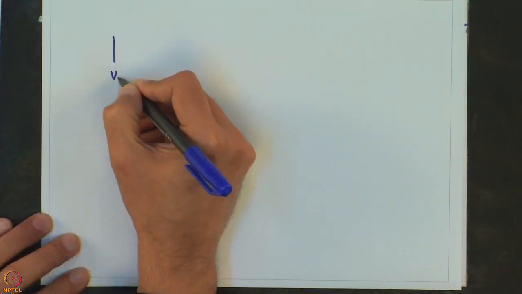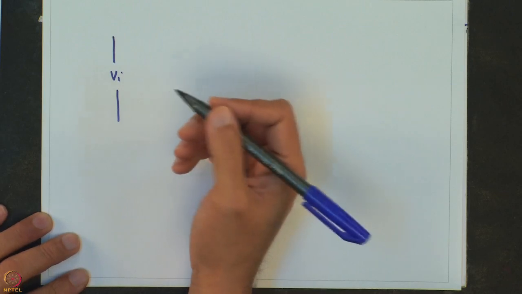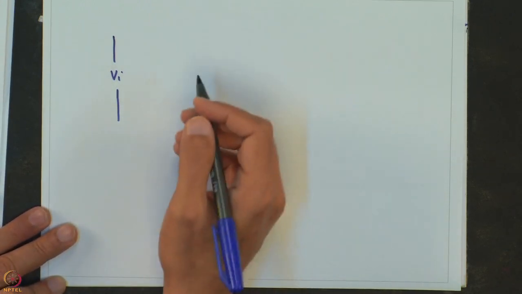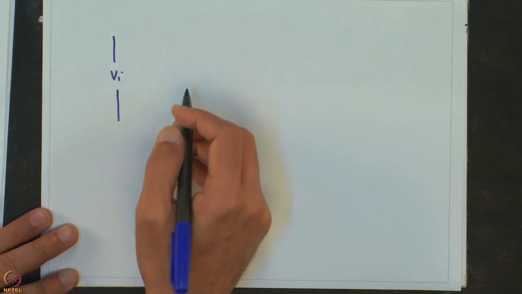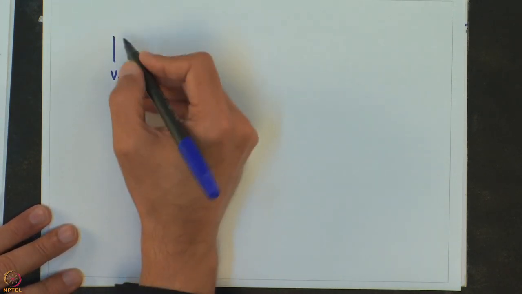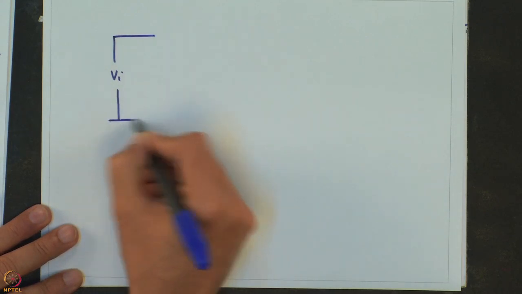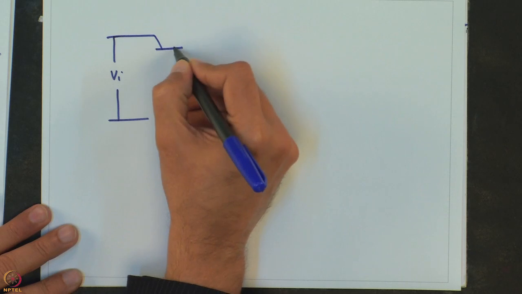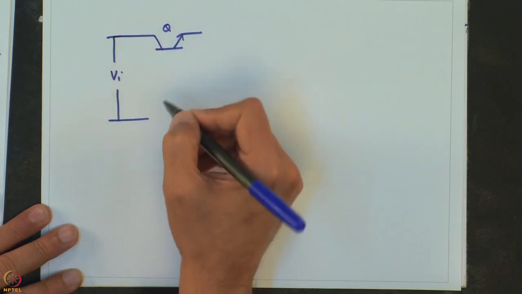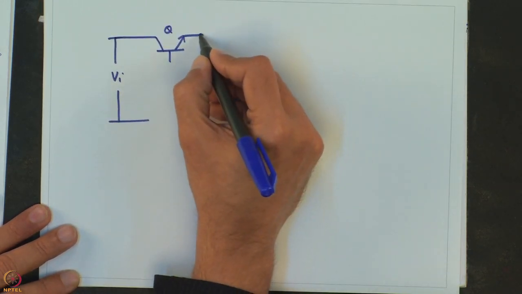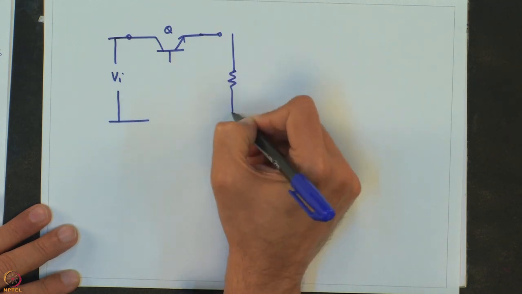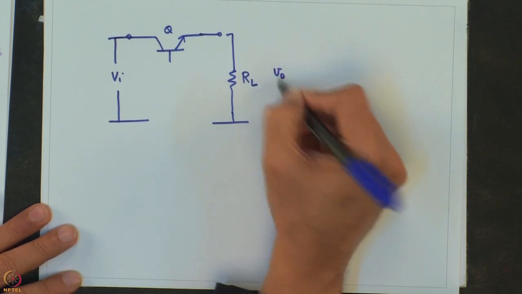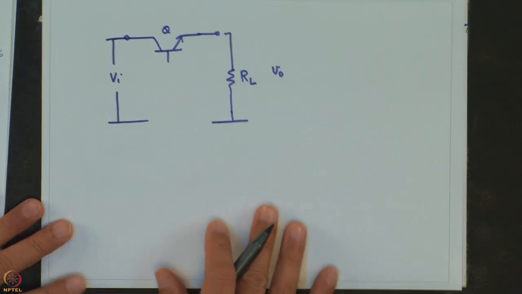So let us say your Vi, same as the linear regulator example we took, it is a rippled output voltage that we are getting after rectification of the input AC supply, and this is the input side, and then let us say that we have a transistor, again a transistor Q, and a load resistance RL, across which we need a constant voltage VO.